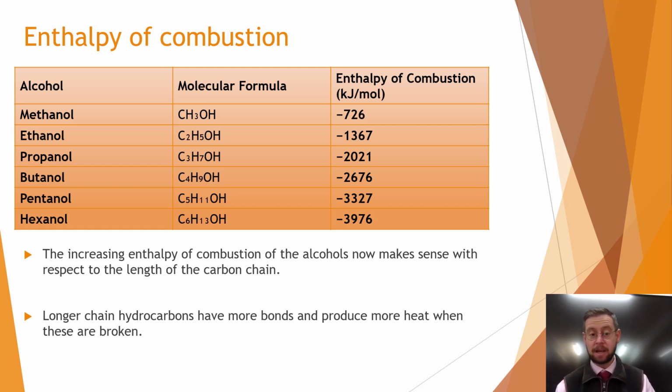What we observe is the enthalpy of combustion increases, albeit negatively, with the length of the carbon chain. And that's because with longer chain hydrocarbons, there are more bonds that, when broken, will release more heat into the environment. It makes it more exothermic the longer those chains are.